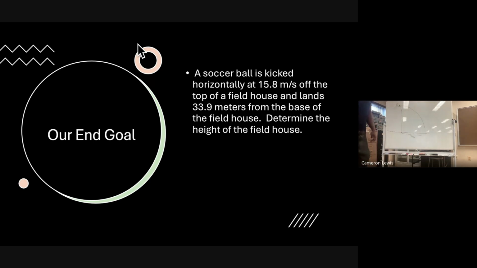It comes out when we kick it initially with a velocity of how much? In what direction? Horizontally. So I can literally make my vector of the soccer ball going this way, horizontally. And we want to find the height. We want to find out what this is. How high is the field house?